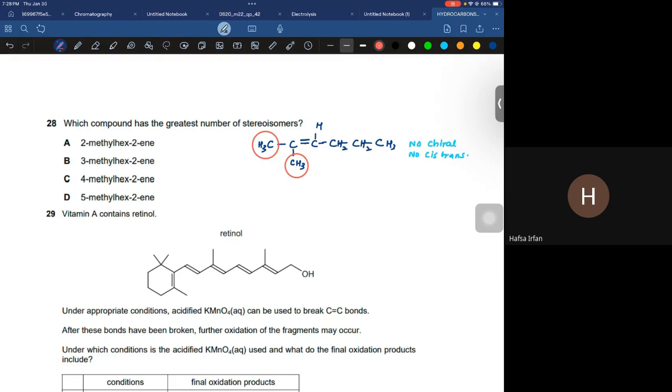Okay, shall I move ahead? Then in option B they are saying 3-methyl hex-2-ene.